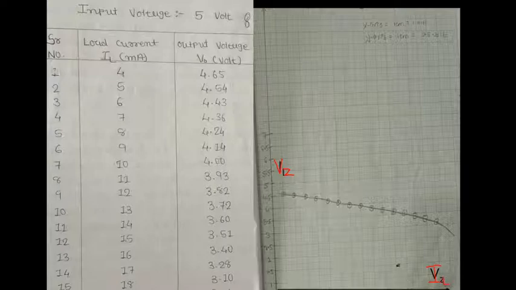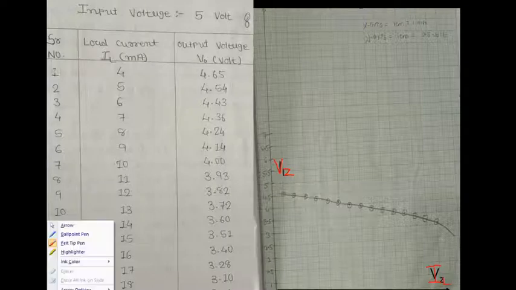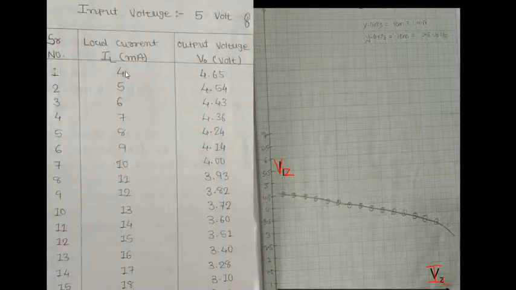You need to check that IL is changing from 4 milliampere to 19 milliampere, and the corresponding output voltage is changing from 4.65 to 3.